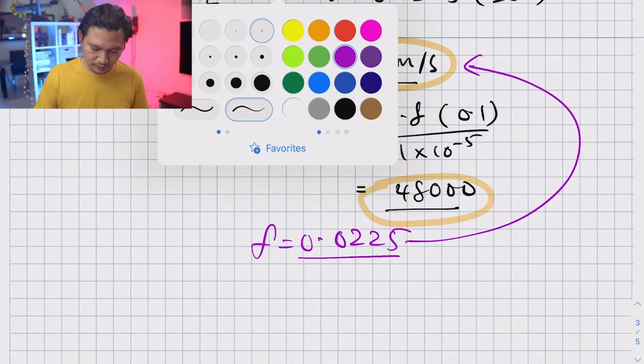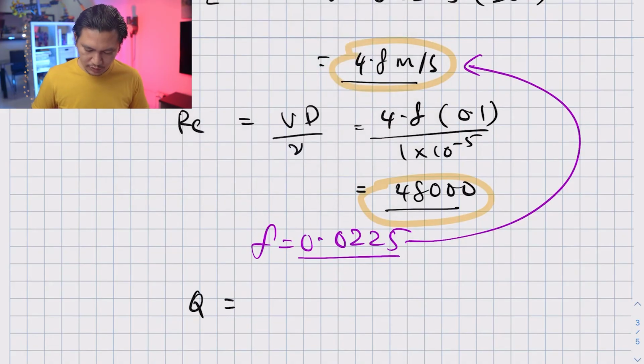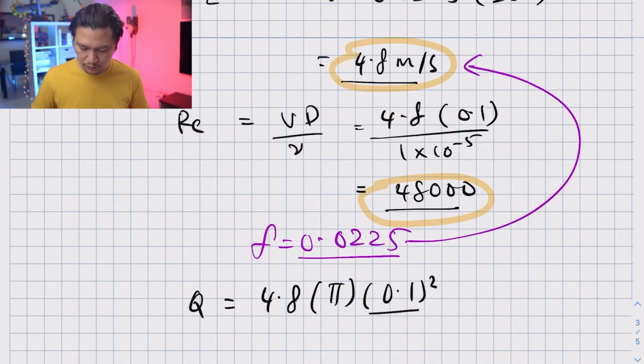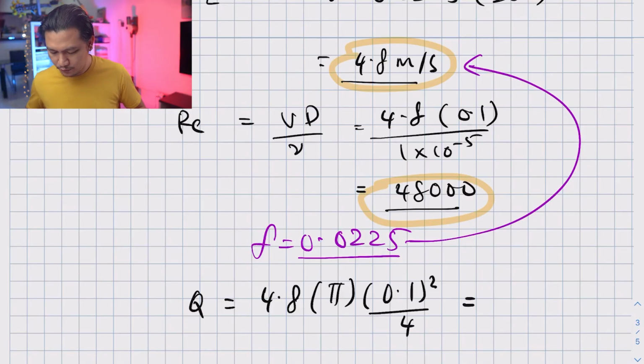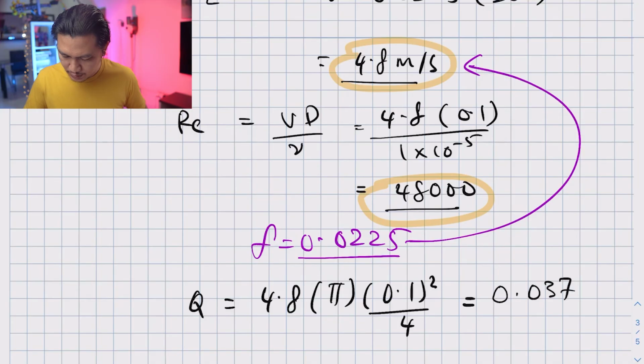Now, Q is velocity, 4.8, times area, that is pi times 0.1 square over 4, and we end up with Q of 4.8 times pi times 0.1 square divided by 4, that is 0.0377 meter cube per second. Okay, and that is our final answer to this question.